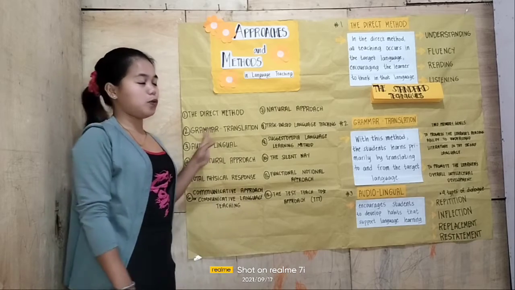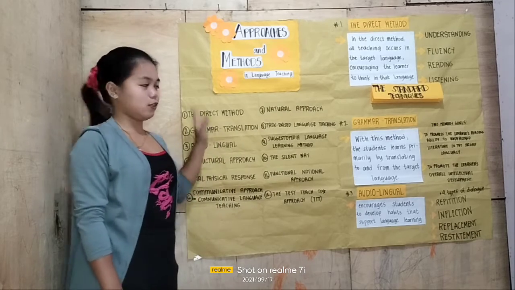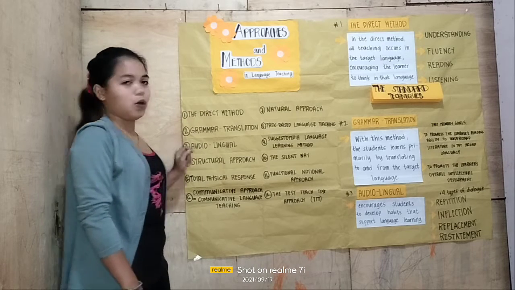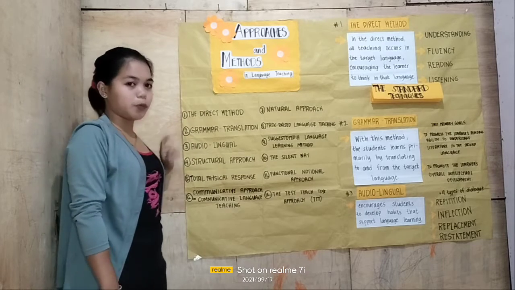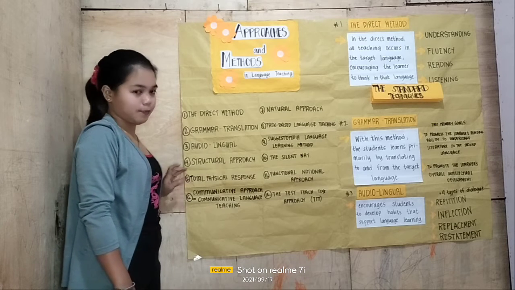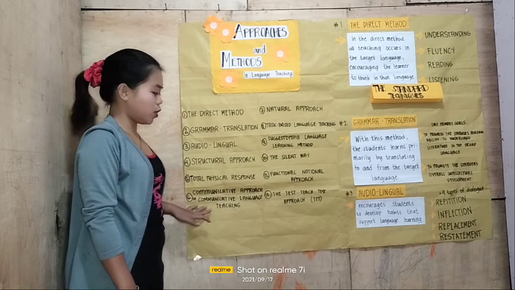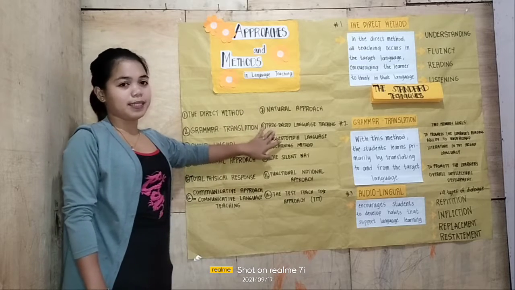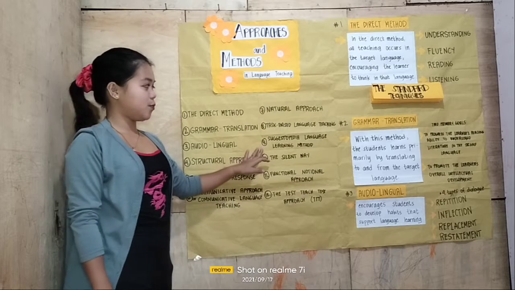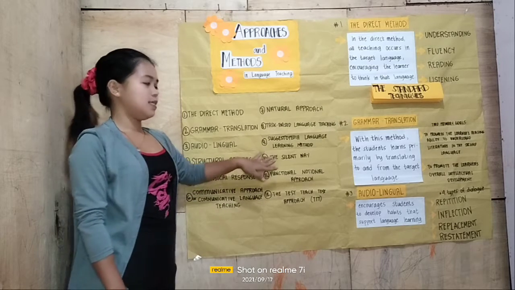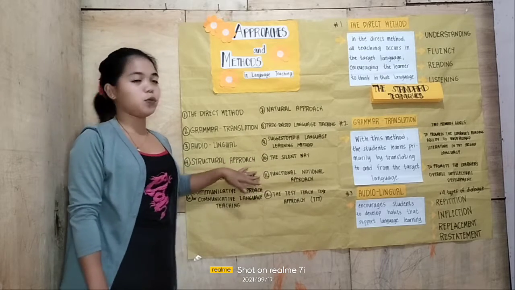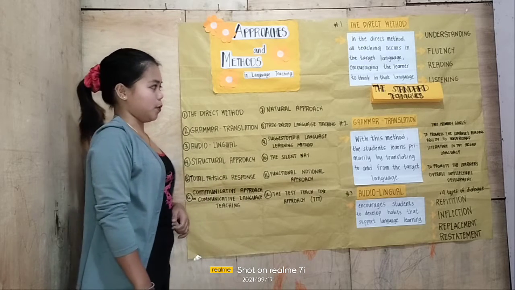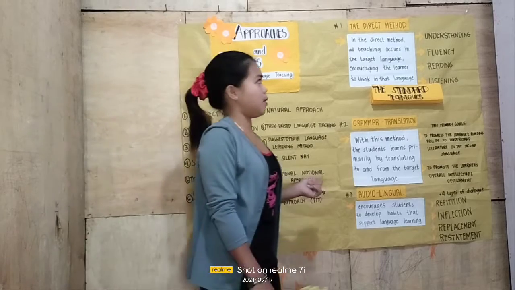The 12 approaches and methods include the direct method, grammar translation, audio-lingual, structural approach, total physical response, communicative approach or communicative language teaching, natural approach, task-based language teaching, suggestive language learning method, the silent way, functional notional approach, and lastly, the test-teach-test approach. So let's proceed to number 1.